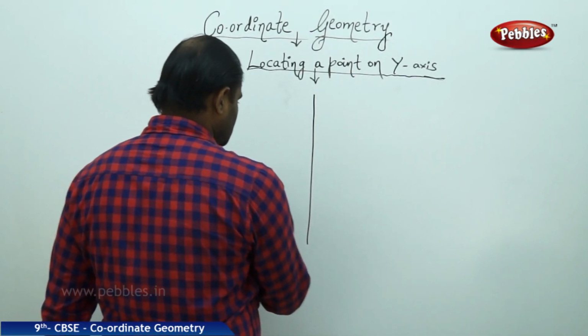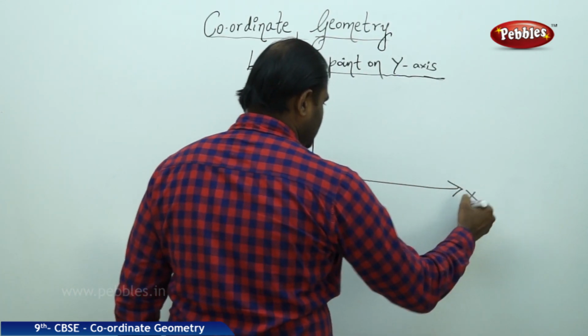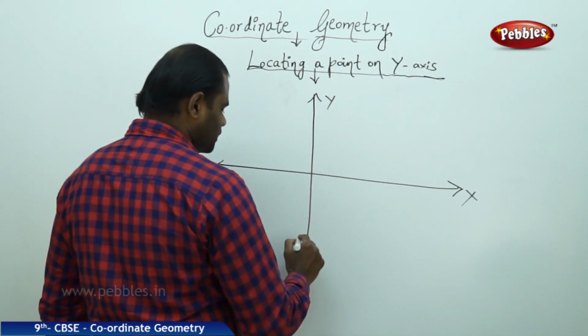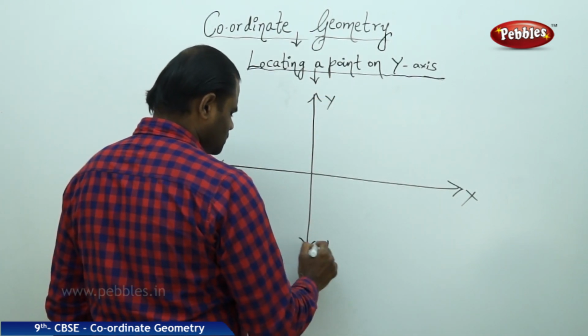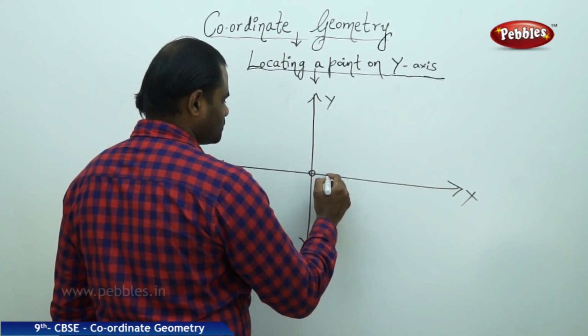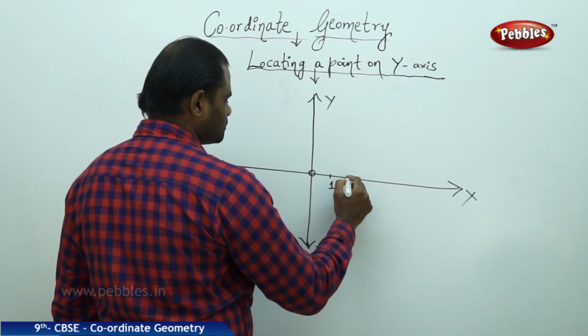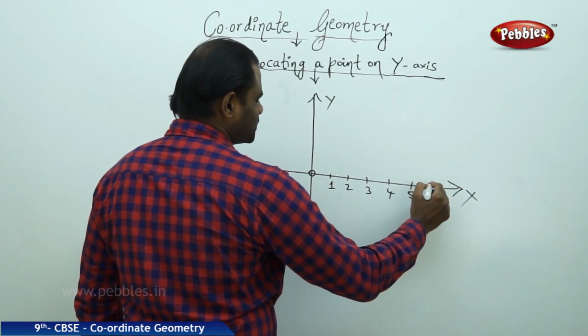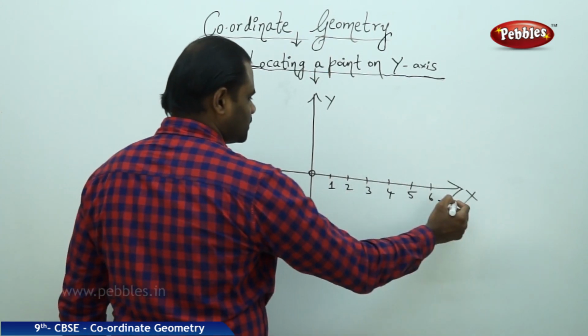Imagine the Cartesian plane, x dash and y dash, with each of the points taken in this form.